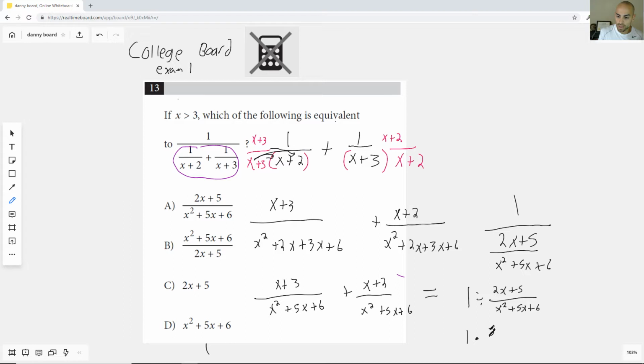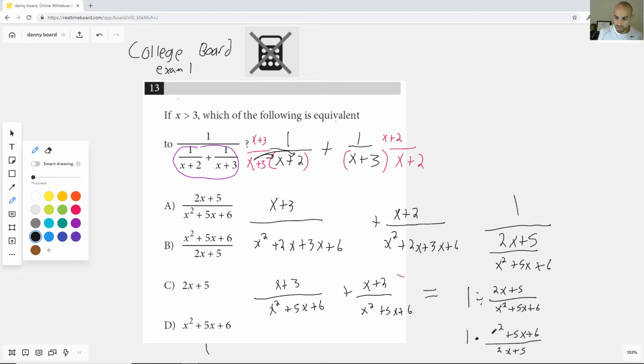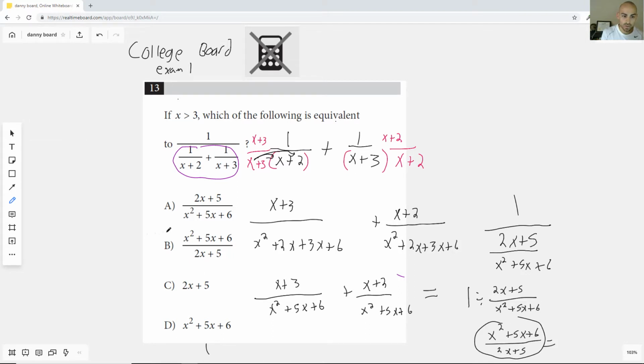So it's now x squared plus 5x plus 6 over 2x plus 5. And bam, 1 times anything is the same. So we actually know that this is our final answer, which is B, a perfect match.